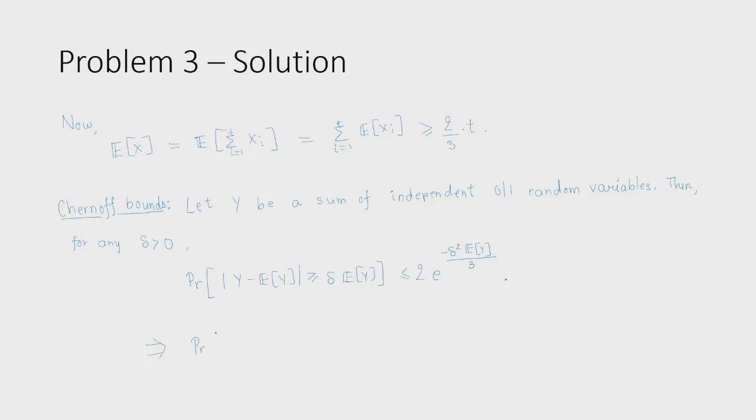So probability y is less than or equal to 1 plus delta times expected value of y is less than or equal to e to the minus delta square expected value of y over 3. Strictly speaking this is not an implication because I should add a 2 over here, but another way to write Chernoff bound is this.